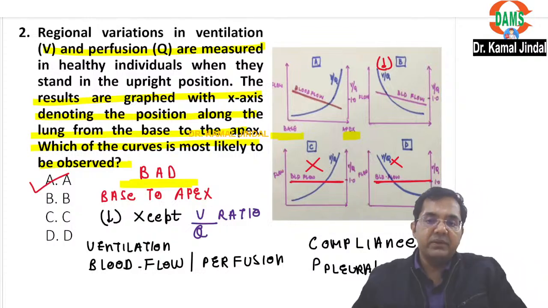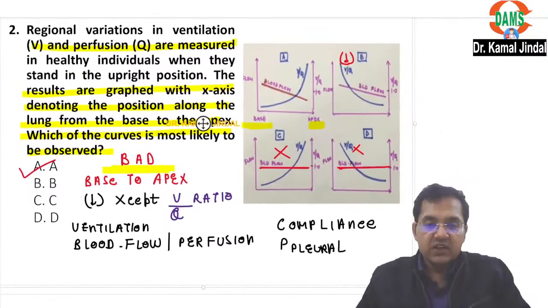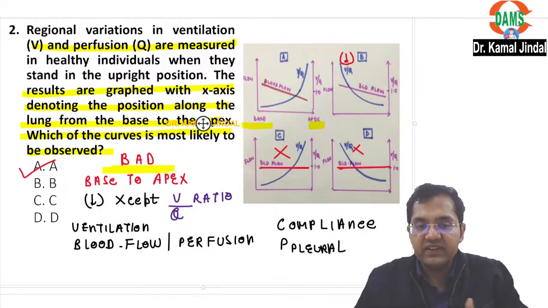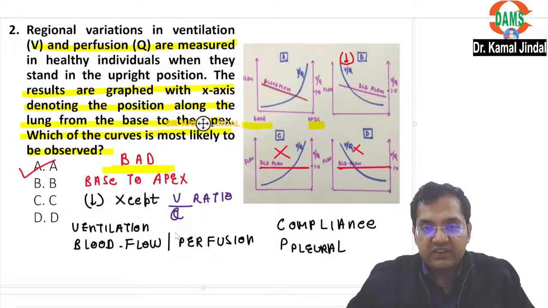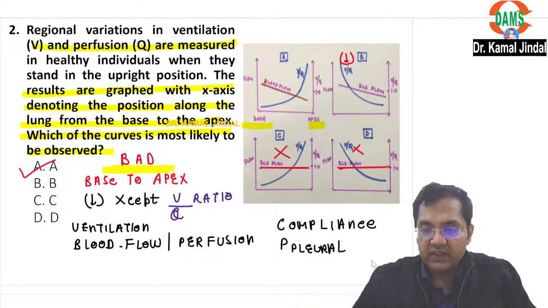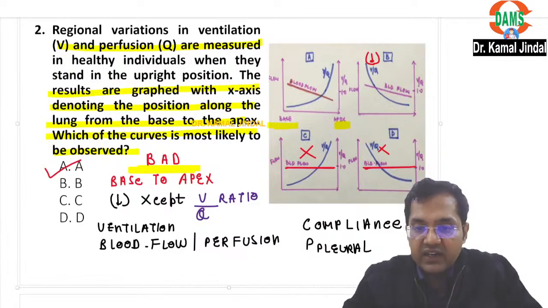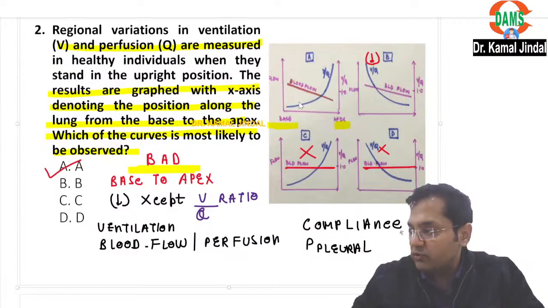Intrapleural pressure, remember the alveoli which are at the apex are overstretched, so their intrapleural pressure is going to be more negative, right? So everything decreases, right? Intrapleural pressure, everything decreases except only one thing, which is VQ ratio. This is a very important question for the exam which will come in your first year, right? Describe the VQ gradient in the standing posture in the lung, right? So when the person is in the standing posture, how does VQ ratio vary?